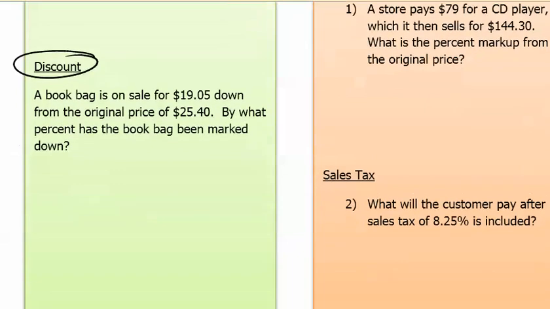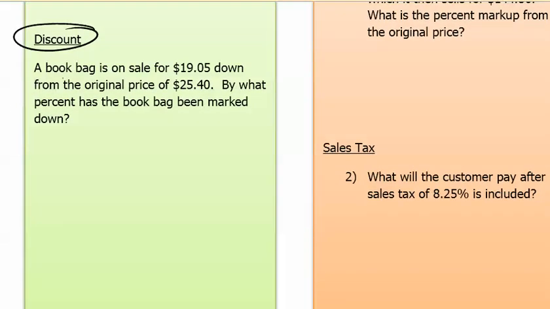So let's look at this example. A book bag is on sale for $19.05, down from its original price of $25.40. By what percent has the bag been marked down? Well, the bag is on sale, so we know the sale price is always the final price, and the original price is always the initial price.